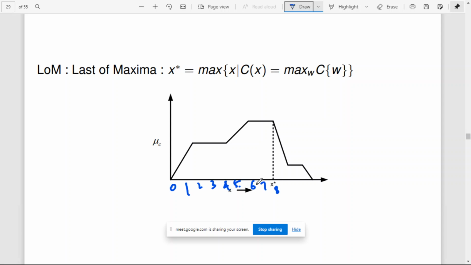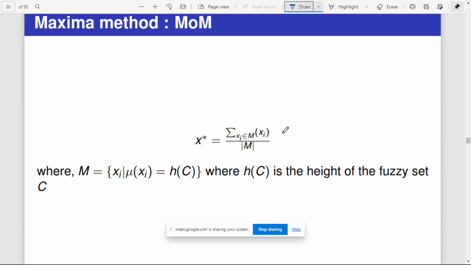Here again 6, 7, 8 all produce the maximum membership value, but in this technique you take the last value of x which gives the maximum result. So the output will be x star equal to 8. This technique is called last of maxima.